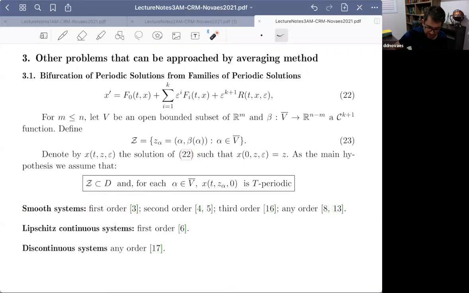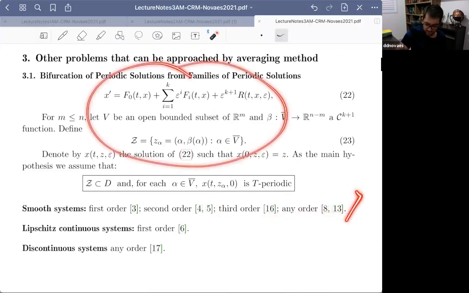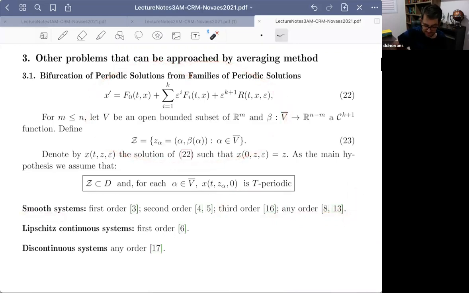A second order analysis can be found here, works of Buica, Llibre, and Jaume. A third order analysis, I have a work with Jaume Llibre, and for analysis at any order there are some works of mine, also with Jaume Llibre and Murilo Cândido. So results about this problem in the smooth context can be found here.